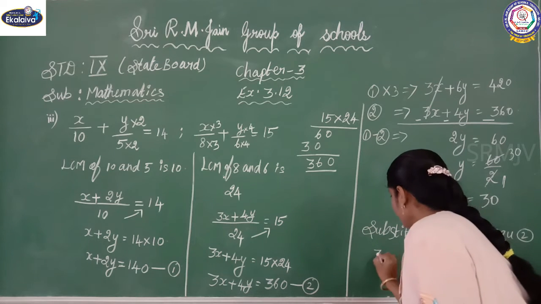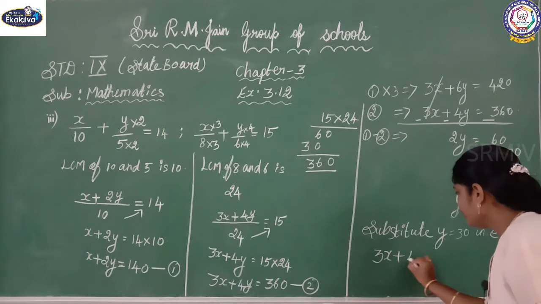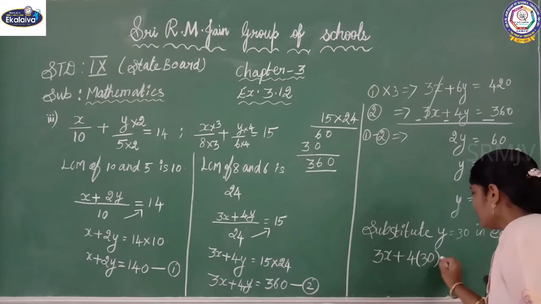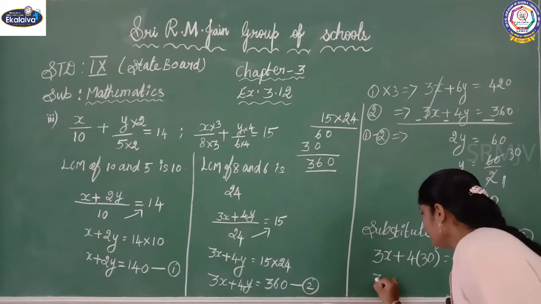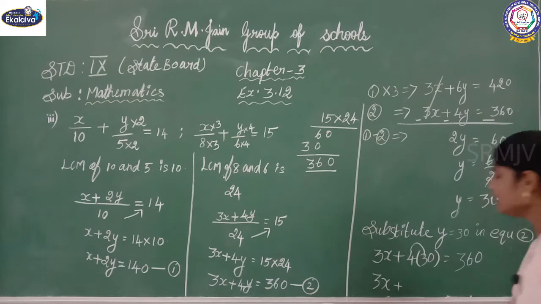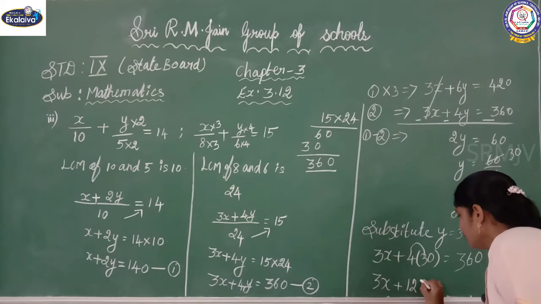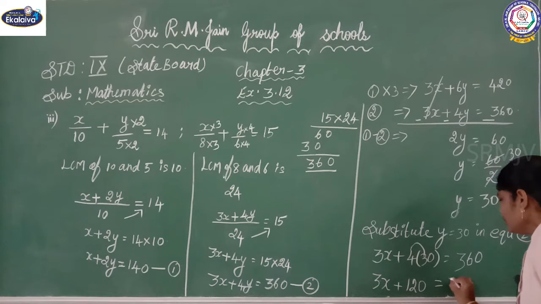So 3x plus 4 into the y value 30 equal to 360. Okay. 3x plus 4 3s are 12, so 120. 4 into 30 you get 120, equal to 360.